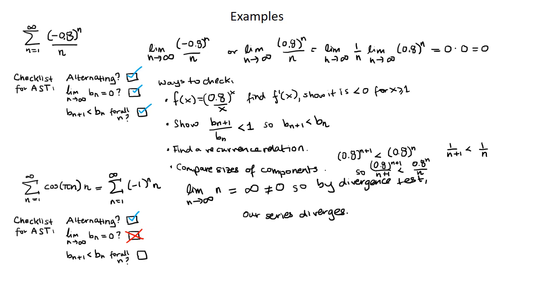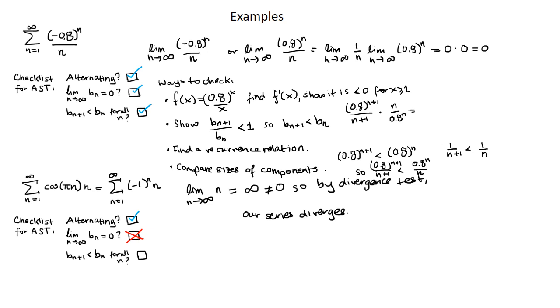Another way is to look at the ratio of the terms. So b n plus 1 is 0.8 to the n plus 1 over n plus 1. Dividing by b n is the same thing as multiplying by 1 over b n, which is n over 0.8 to the n.